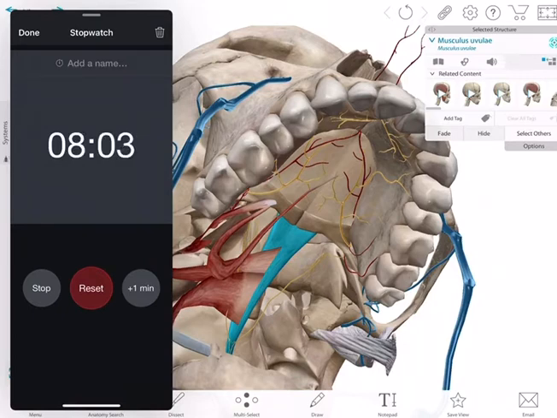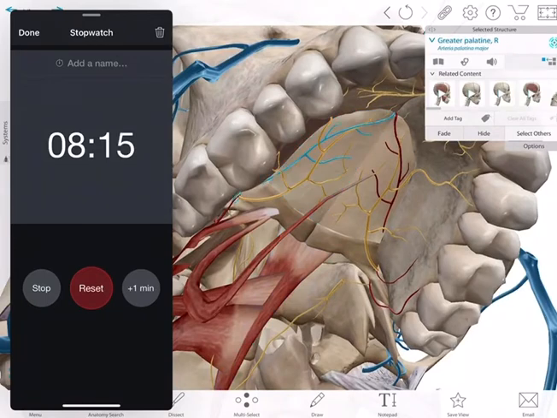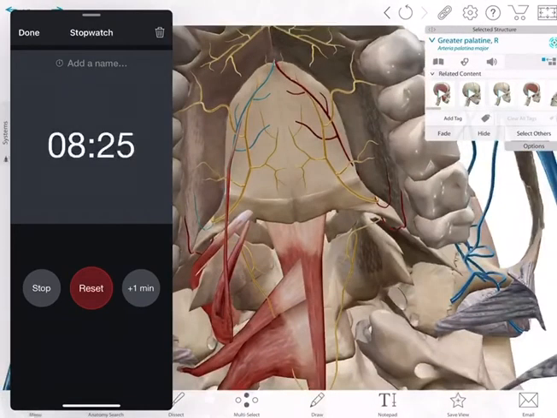So the first artery supplying the palate is the palatine branch of the ascending pharyngeal artery. The second one is the greater palatine artery. This is the greater palatine artery that comes in the palatine canal and gives origin to the lesser palatine artery.